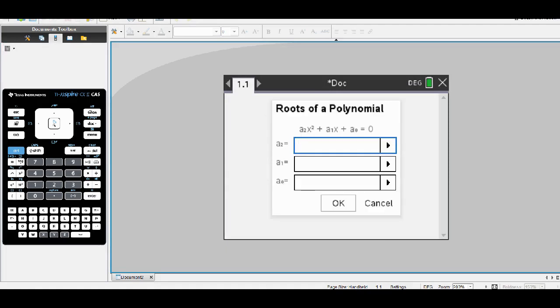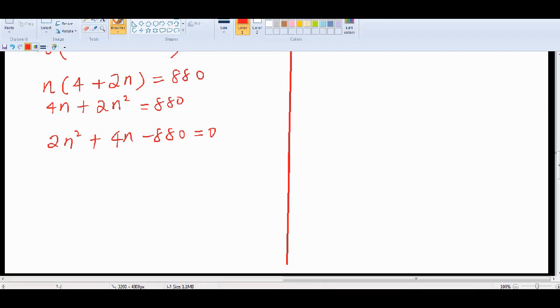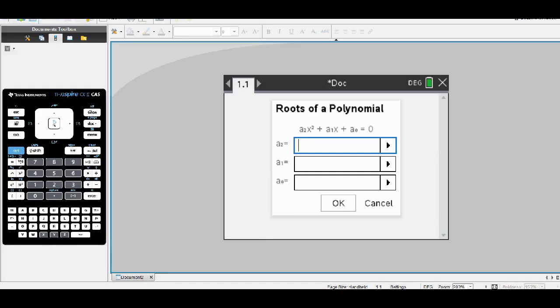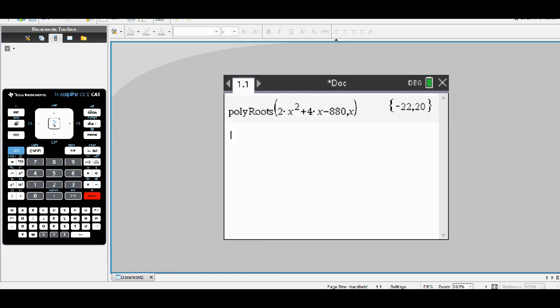Still remember the numbers: 2, 4, minus 880. So there are 2 roots, minus 22 and 20.